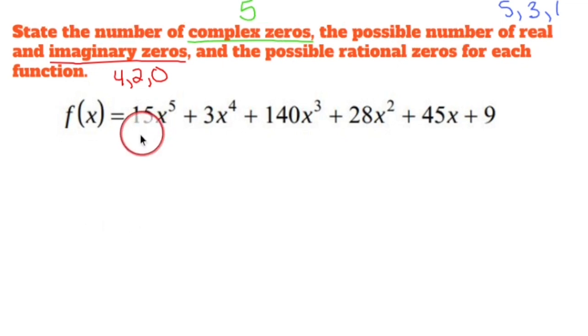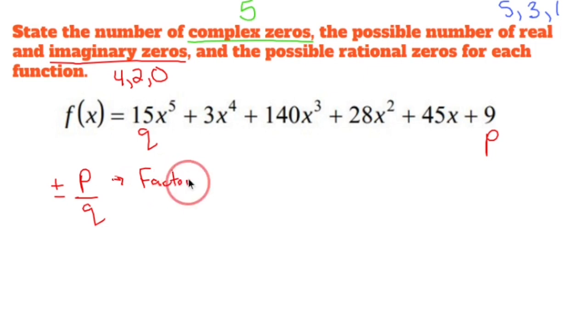I'm going to call you Q, and I'm going to call you P. Now, my rational roots are all the numbers in the form plus or minus P over Q, where P are all the possible factors of P, and Q are all the possible factors of Q.